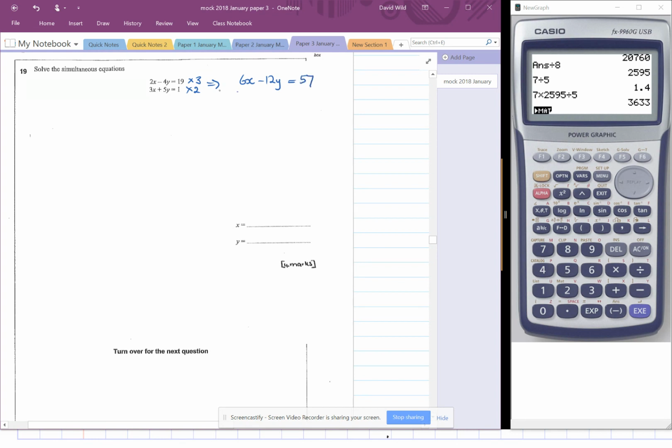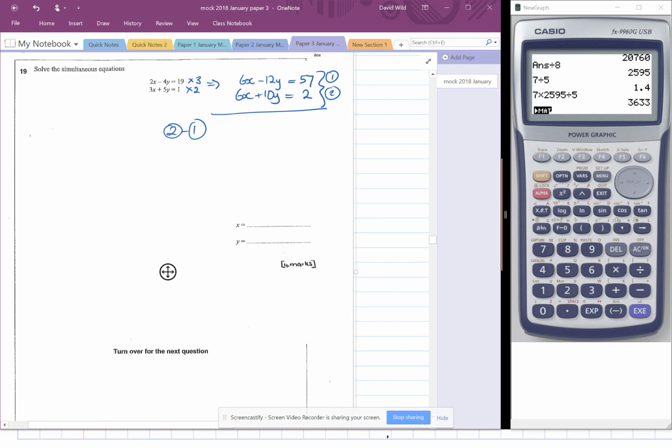2 3s are 6x, 2 5s are 10, so that's plus 10y, and 2 1s are 2. Okay, so now we can subtract them. So if that's 1, that's 2, what we're going to do here is 2 minus 1. Doesn't matter if you do 1 minus 2 if you want to.